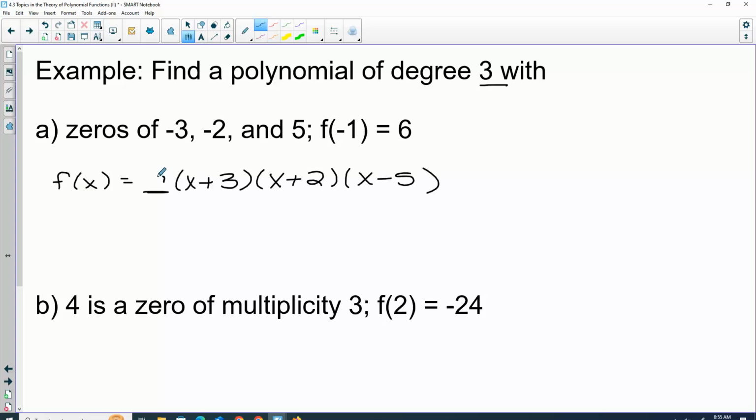What I'm going to do is just put an a there for now, and we're going to find a using this information. When my x is negative 1, so if I put in negative 1 for all my x's, this has to equal 6.